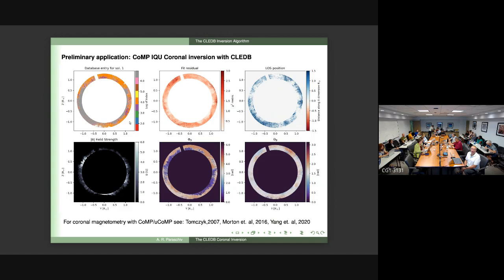But what I want to show here is that you also get the metric of the line of sight position of that most dominating structure, and this is what's missing in pure analytical inversions. You cannot assume that your structure is in the plane of the sky. You have to iterate through the plane of the sky and look at the photo excitation effect and look at the alignment factors that you get, and then those can help you put your structure in a position in that 3D volume that you're integrating from.